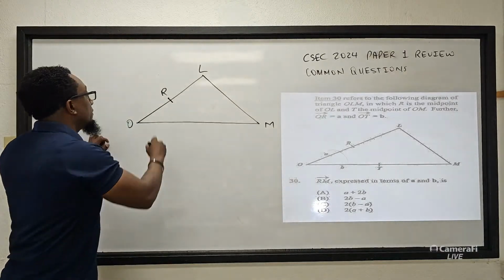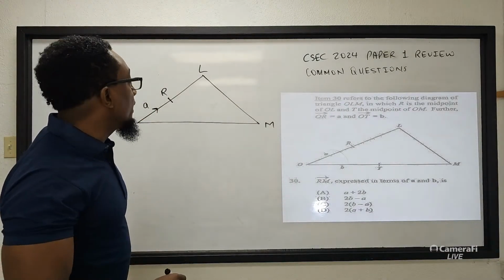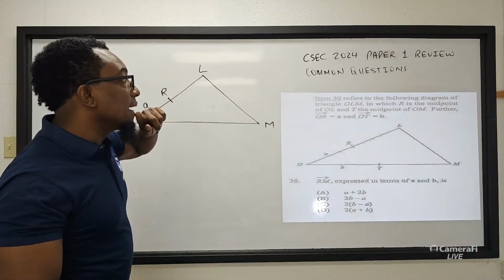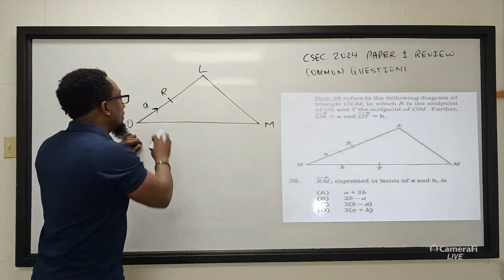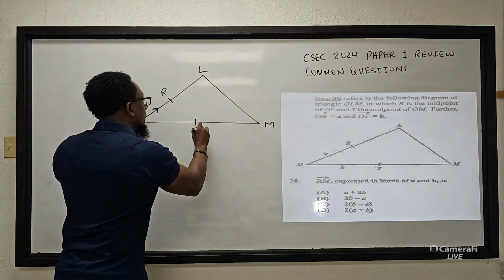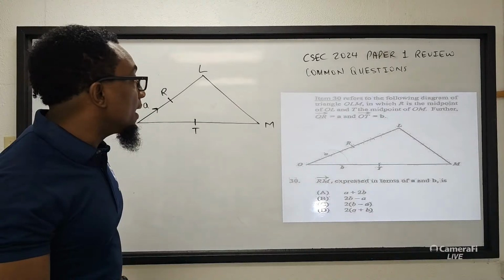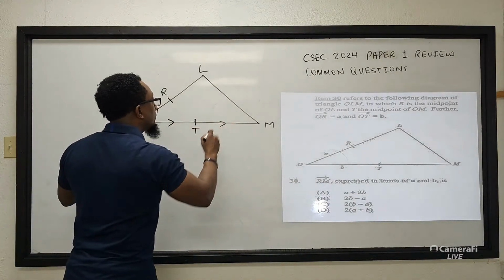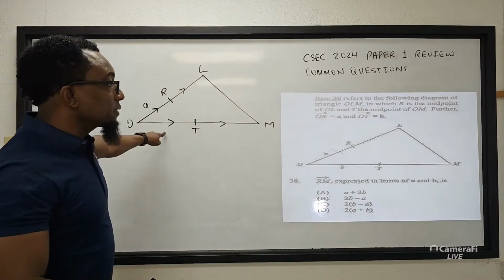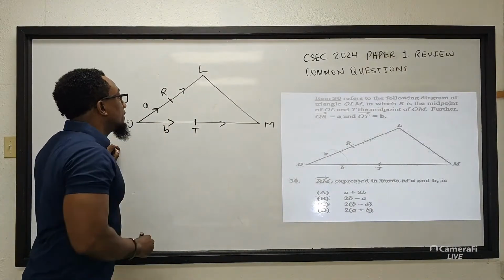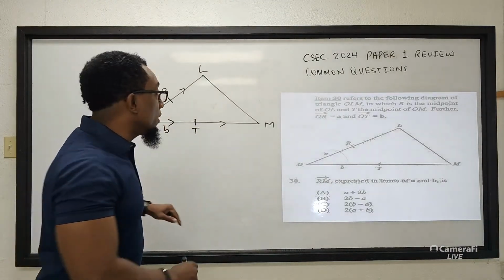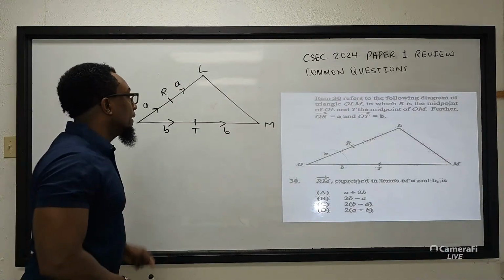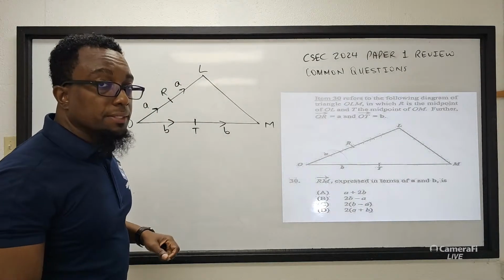So if vector OR has magnitude A, vector RL will also be A. T is the midpoint of OM, so T will divide OM in half into 2 equal vectors, OT and TM. So if vector OT is B, then vector TM is also B. Same thing, if OR is A, then RL is also A. Midpoint allows that to happen.